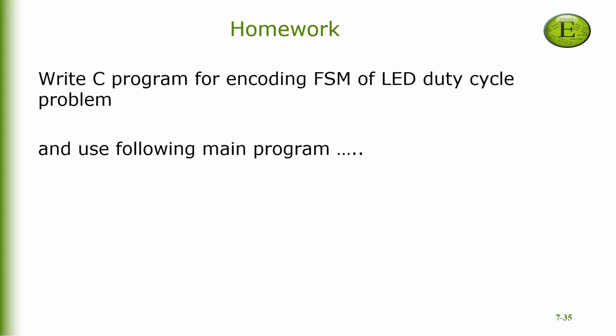Your homework exercise will require you to write a C program for encoding the finite state machine for the LED duty cycle adjustment problem. And by encoding, I mean how would you place the data regarding the finite state machine, such as the output, wait time, and the transition to the neighboring states.